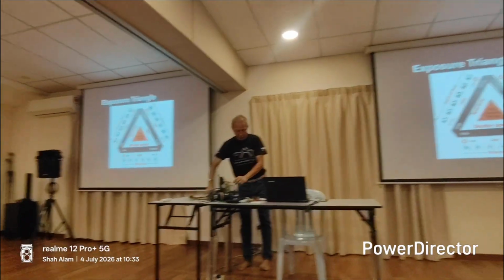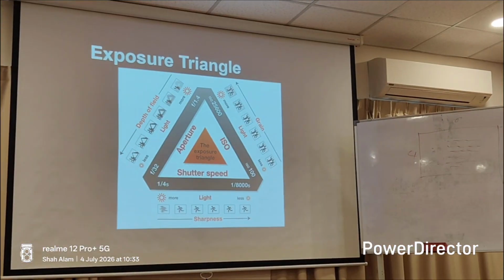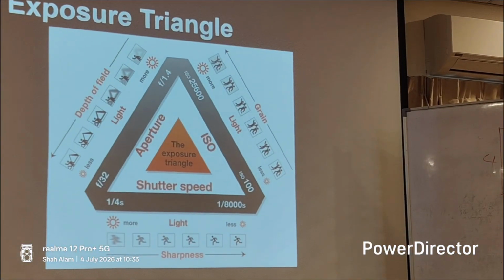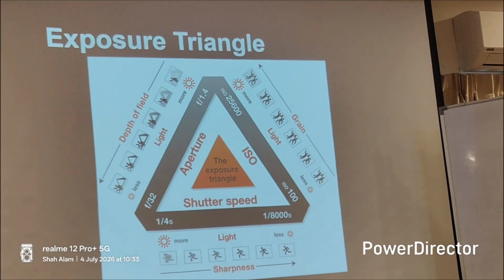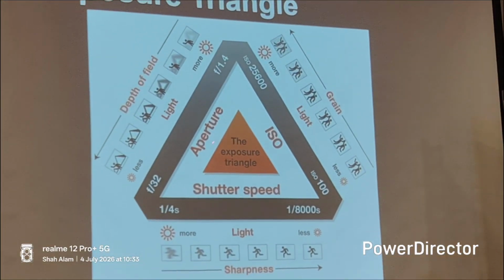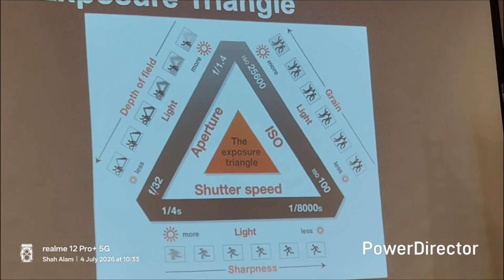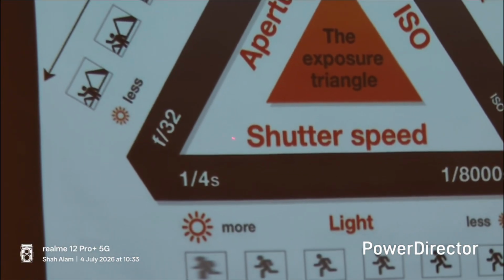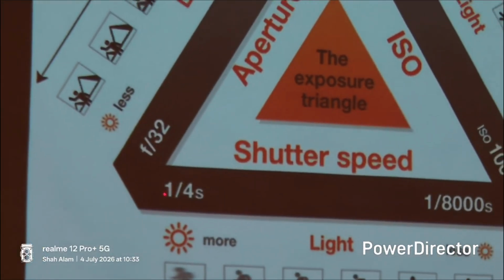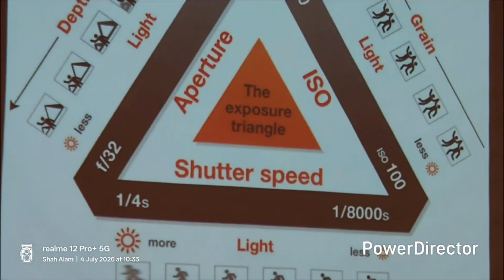This portion of the camera, this component allows the amount of light to enter the film. When it's bigger, more light can enter. This number is actually quite confusing. When the number is big, the opening is very small.